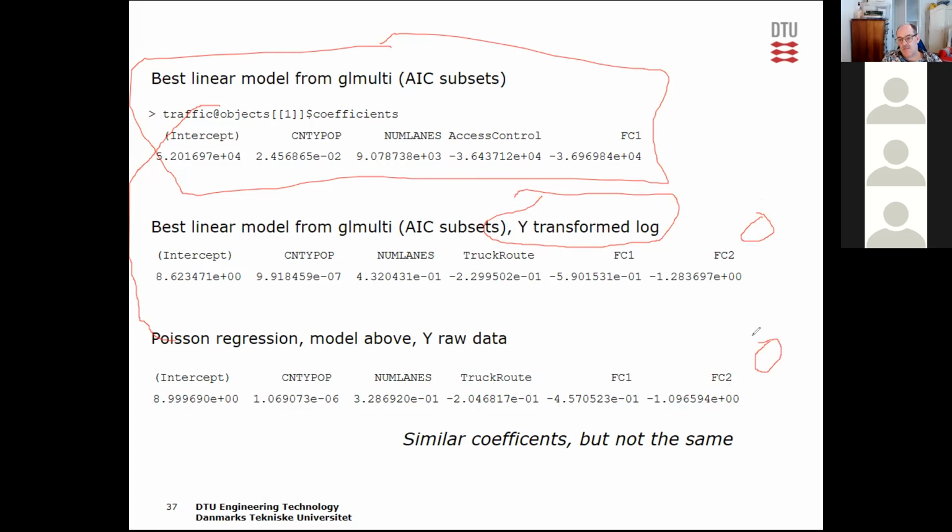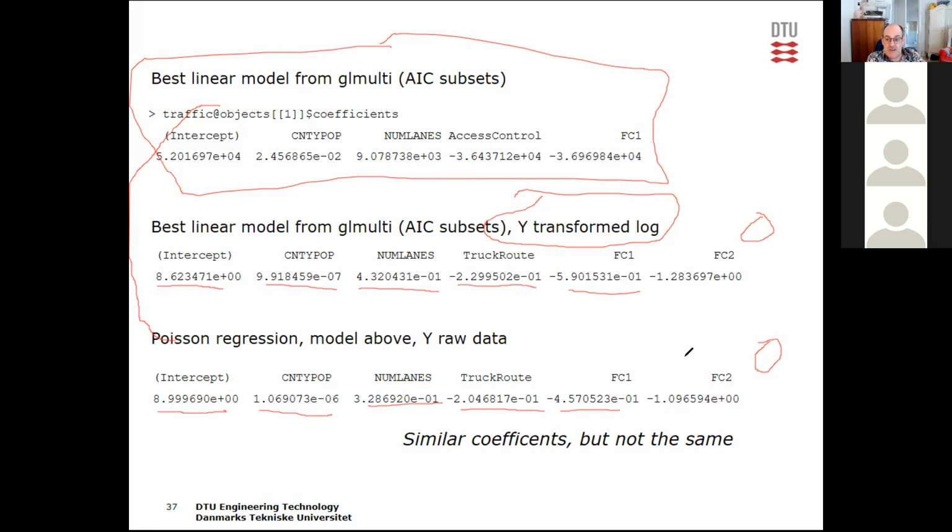And so if you compare these two, they are very similar. They're very close, similar numbers here. A lot of similarity. So we're getting similar results, but they're not the same.